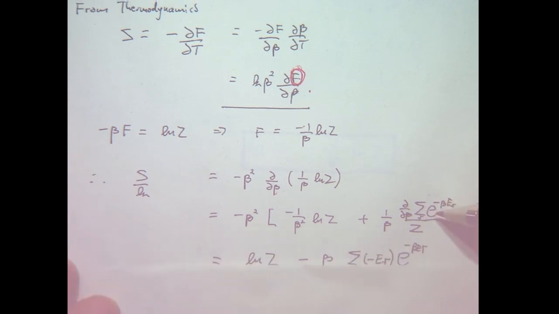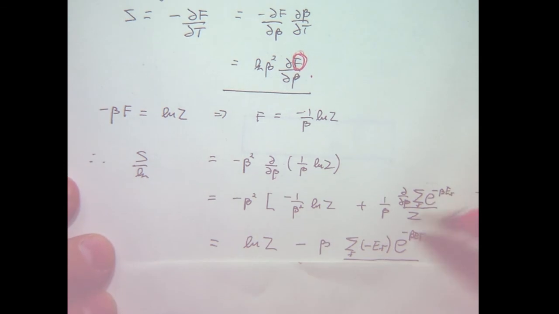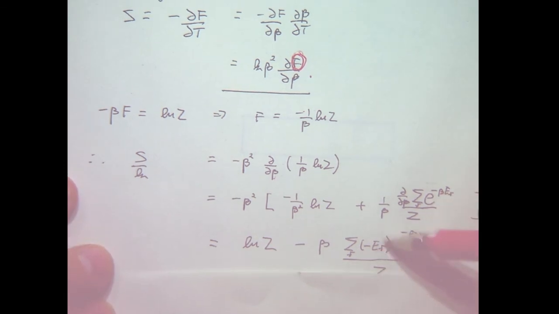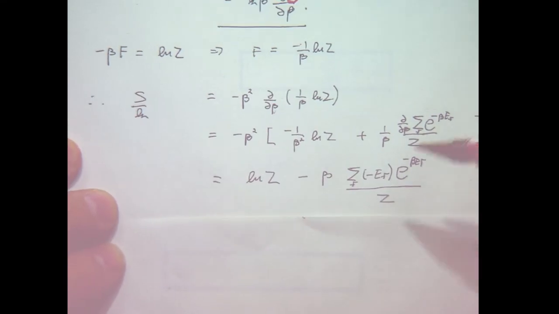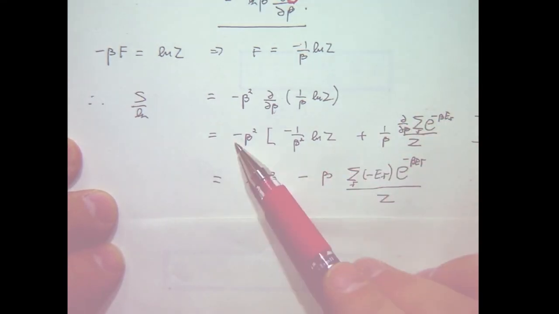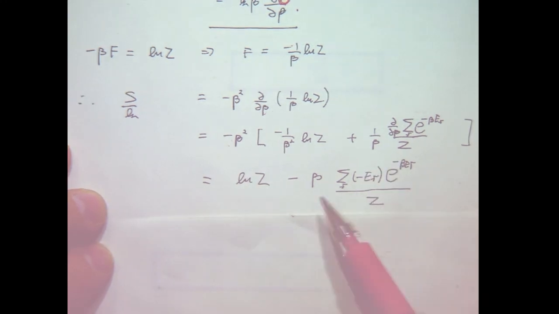And that's sort of going backwards compared to what we were just doing. So that brings down a minus E_r there. And that minus sign comes from that minus sign there. It's minus, so that gives you minus beta squared times 1 on beta is 1 on beta. And you got that after differentiating.